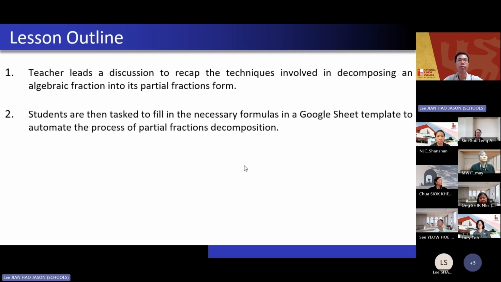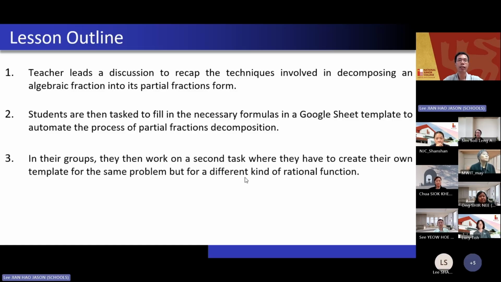Thereafter, I presented them with the Google Sheet template for decomposing one kind of algebraic fraction, and I tasked them to fill in the template with the necessary spreadsheet formulas so that the template will produce the correct values in the partial fraction form, no matter what the algebraic fraction may be. Once they were done, I called upon a few groups to present their template to the rest of the class.